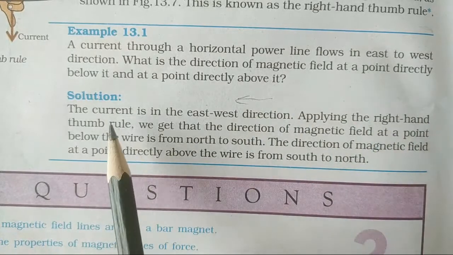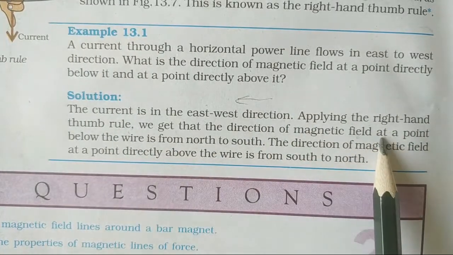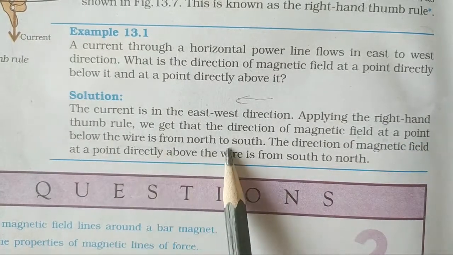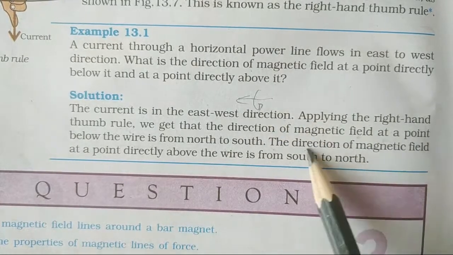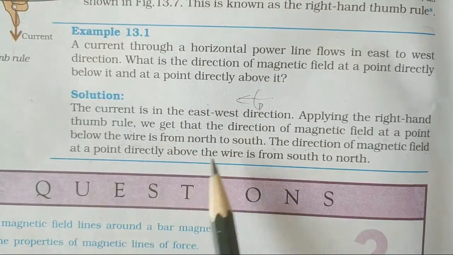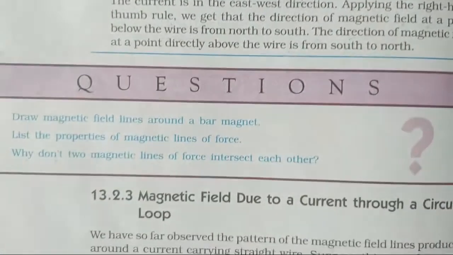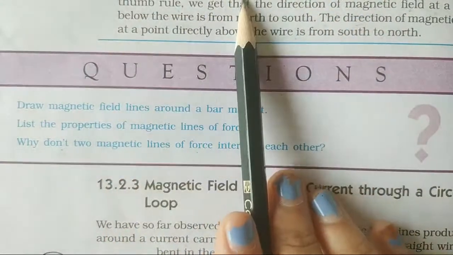Applying the right hand thumb rule, we get that the direction of the magnetic field at the point below the wire is from north to south. The direction of the magnetic field at a point directly above the wire is from south to north.